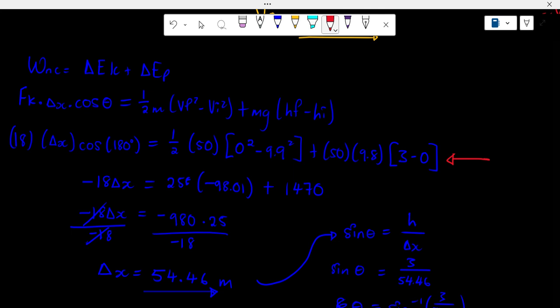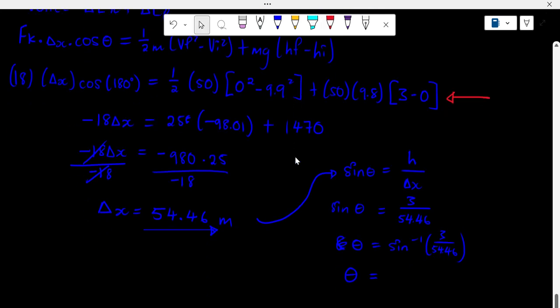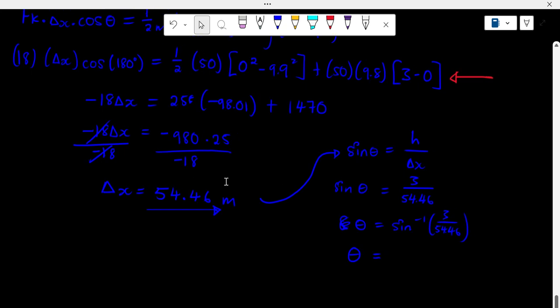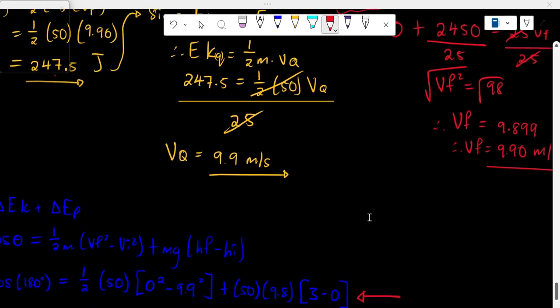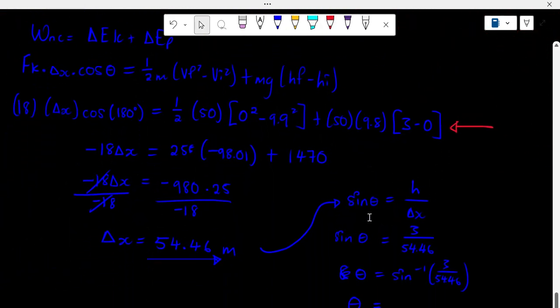The value that I get is negative 980.25. Okay, that's okay. When I divide 980.25 by 18, I do get 54.46. Okay, so I'm trying to find the fault in this.